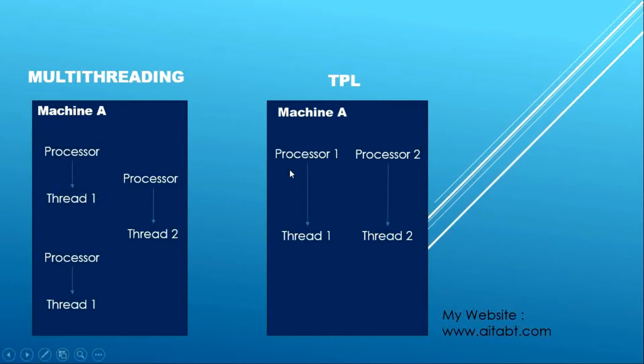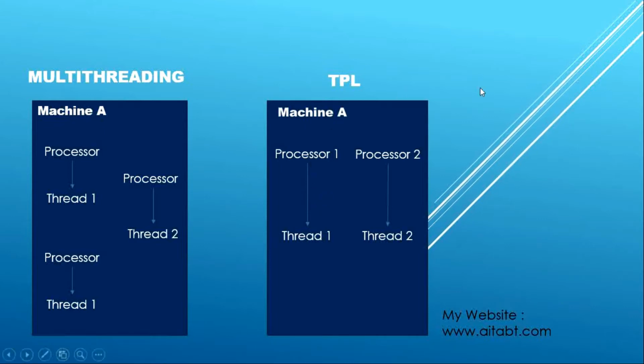But in task, that is in the task parallel library, we are yet to understand what the task parallel library is, but what it does is divide this work between these two processors, that is, these two separate processors. It makes the fullest use of the processors, whatever number of processors we have on our machine.